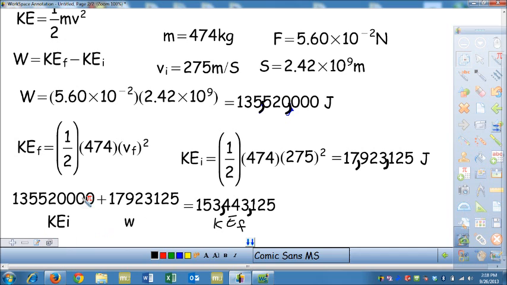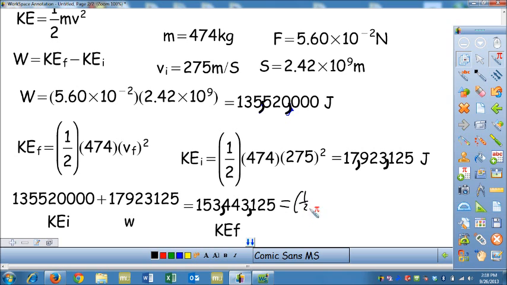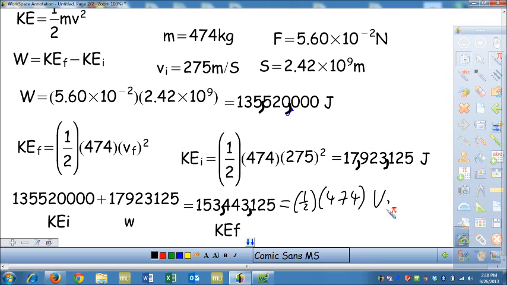Kinetic energy initial plus work gives kinetic energy final. So that has to equal 1/2 mv final squared. Okay, so that's going to be 1/2 times 474 kilograms times v final squared.